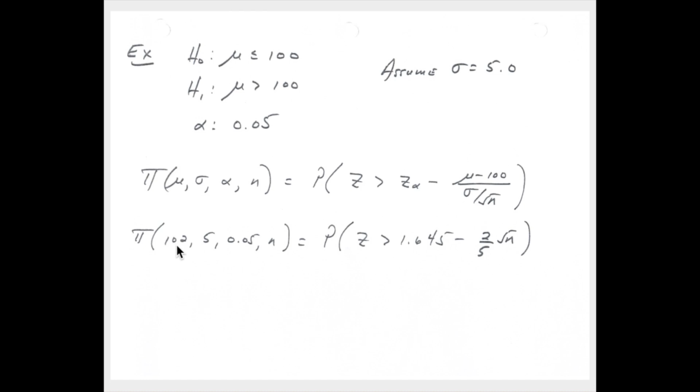Now we've got a value for mu that we're specifying. We are assuming sigma is equal to 5, and we're choosing to use a significance level of 0.05 or 5%. The value that we're leaving variable is n.